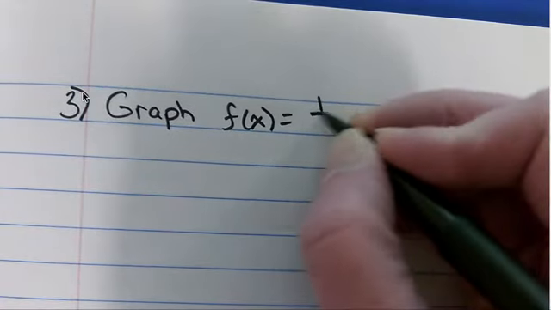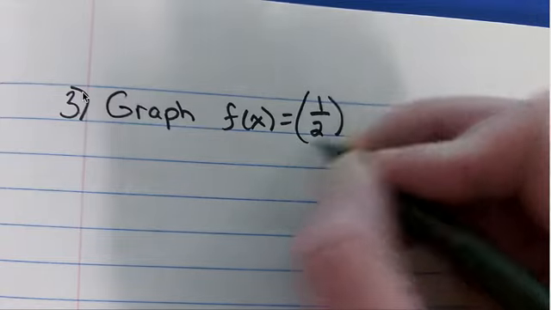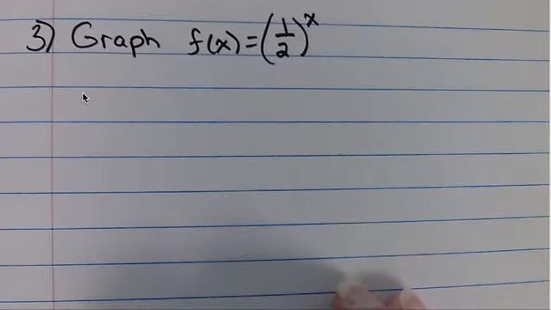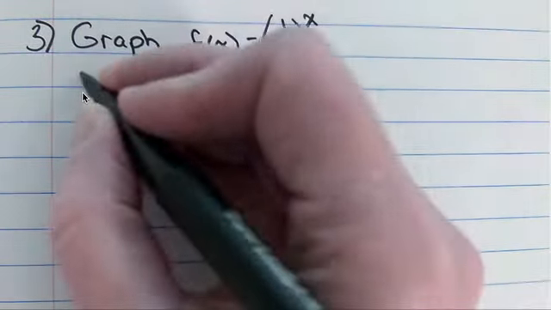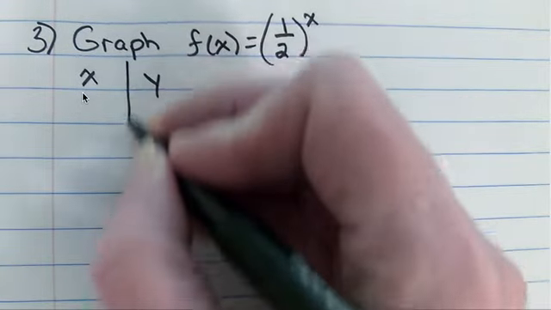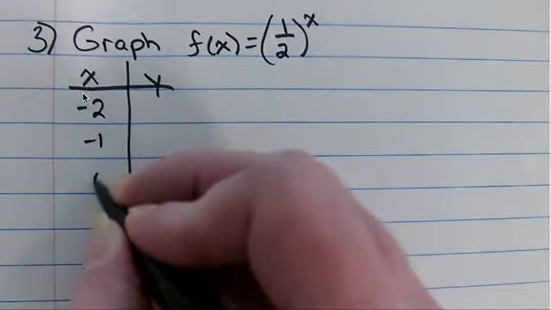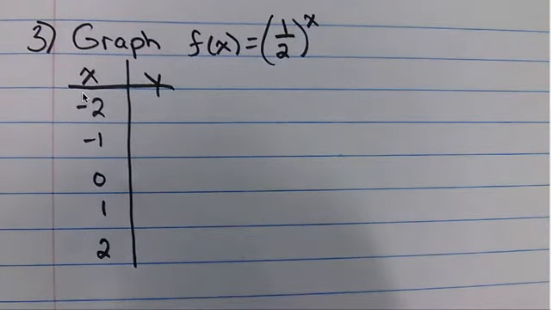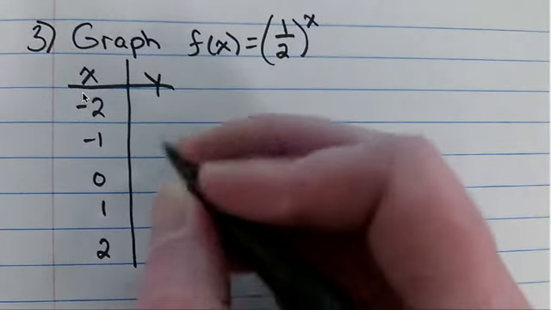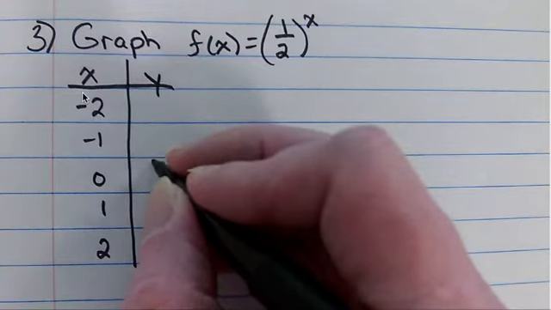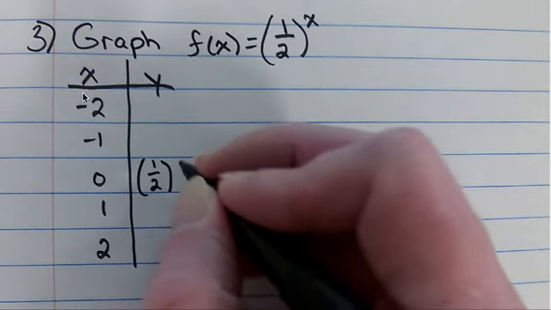So what's going to happen if I change that to be a 1/2 to the x? Well, I'm going to start in the middle. What's going to be 1/2 to the 0 power?